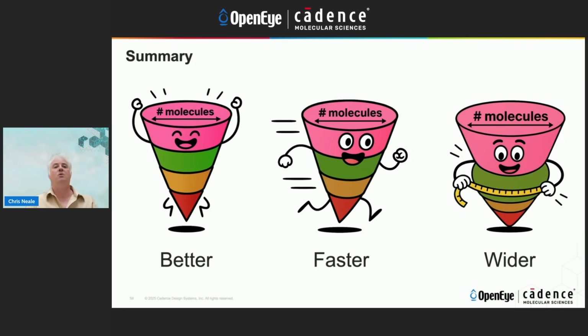And the third part of the talk was about how we make these pipelines wider, even at the lower stages where you can be looking at thousands of molecules with rapid FE-NES. And these faster and wider components are really essential in this age where we have this explosion of available chemistry that's demanding methods that are both fast and scalable.